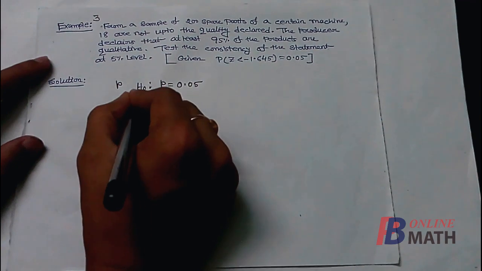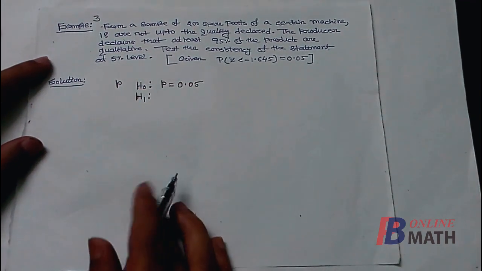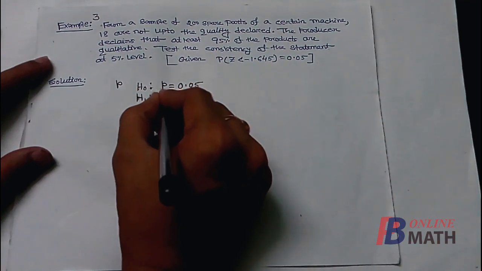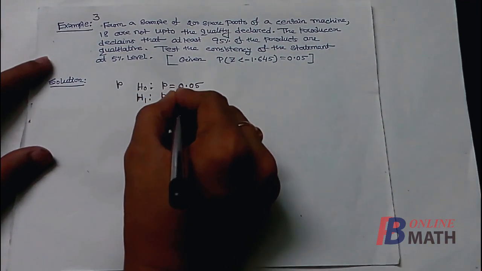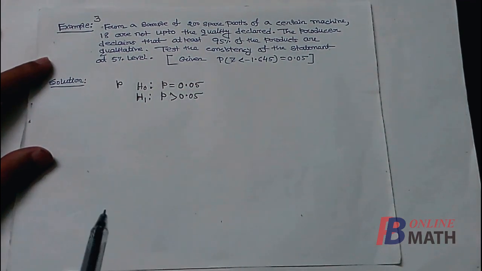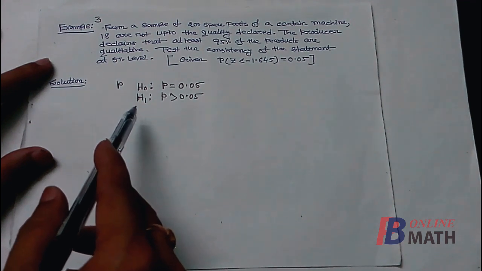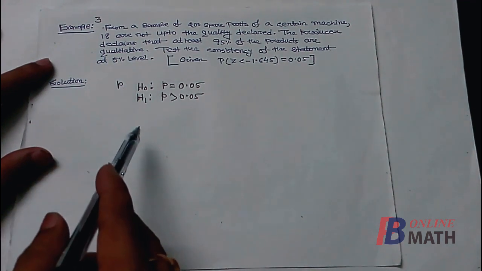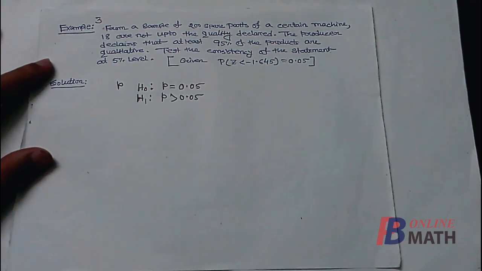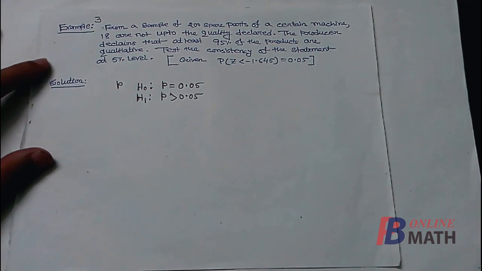Now we shall assume the alternative hypothesis p greater than 0.05. As I have said, we shall select the null hypothesis and the alternative hypothesis in such a manner that these two are mutually exclusive. Now, the company claims that at most 5% products are defective.